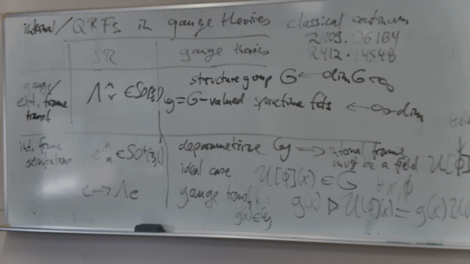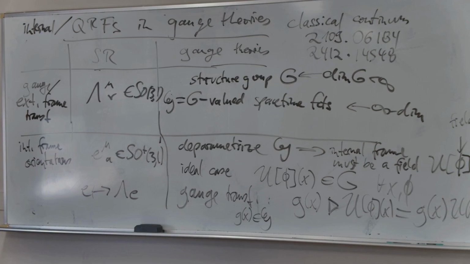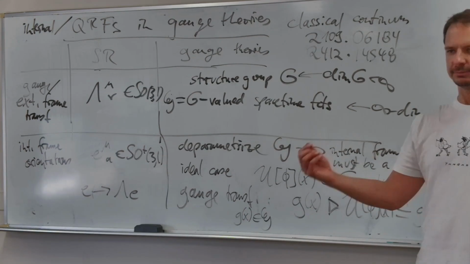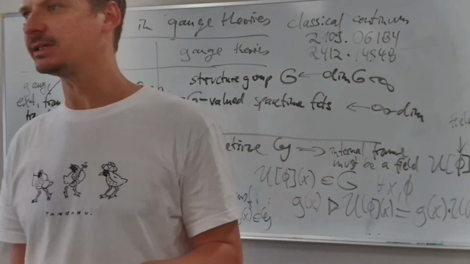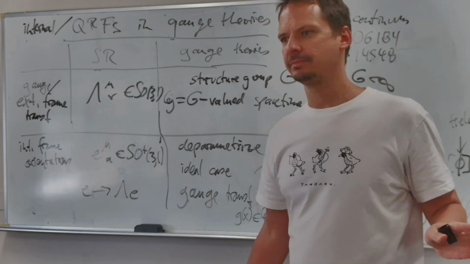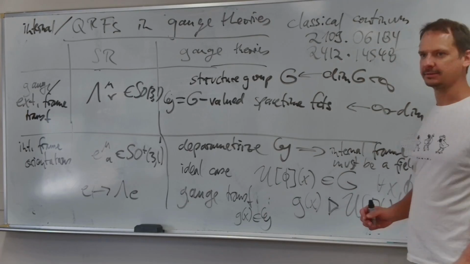Sorry, here phi is a gauge invariant field, or it can transform? Oh, phi. Well, phi is just an abstract label for a point in field configuration space. So it's not a field. Phi is not a field.